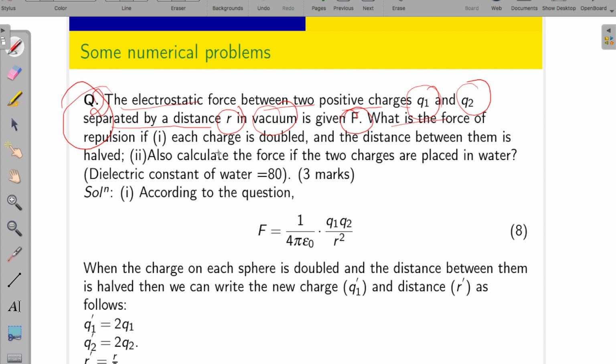What is the force of repulsion if each charge is doubled and the distance between them is halved? Also calculate the force if the two charges are placed in water. The dielectric constant of water is given as 30. So let's proceed one by one.